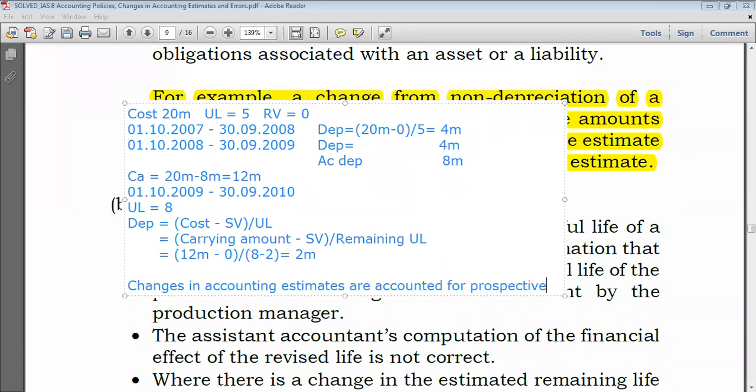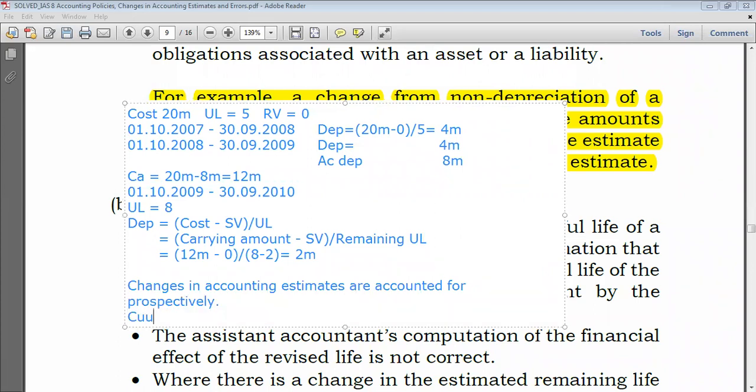You have to understand this very clearly. You account for such changes prospectively. Prospectively means they are applied for current and possibly future periods.